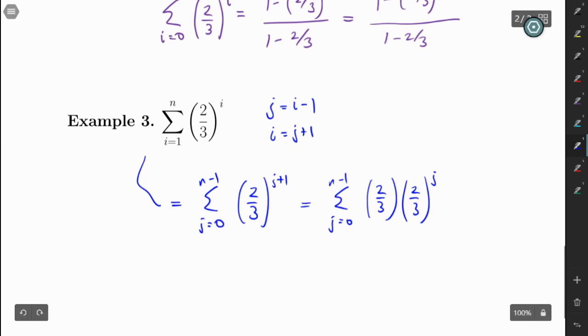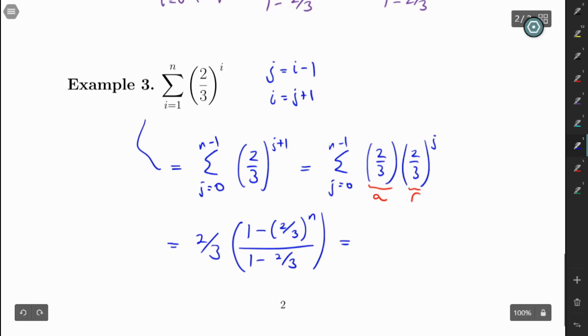So then you can apply the finite sum formula with this term here being your a and your ratio still being 2/3. So this would be 2/3 multiplied by 1 minus 2/3 to the power of n over 1 minus 2/3.